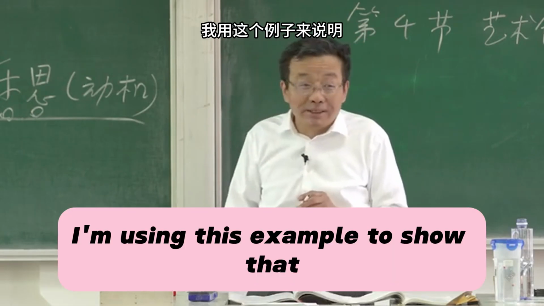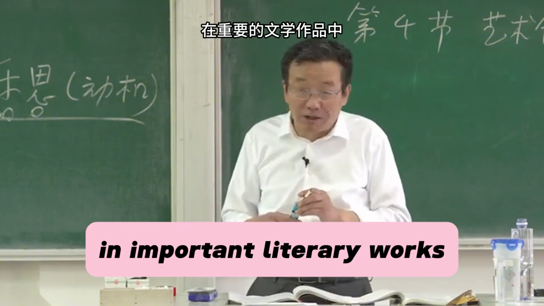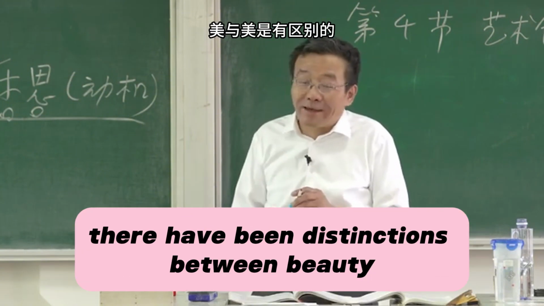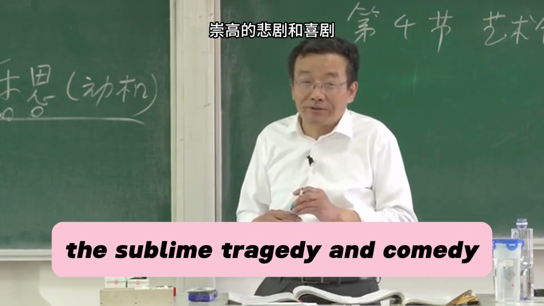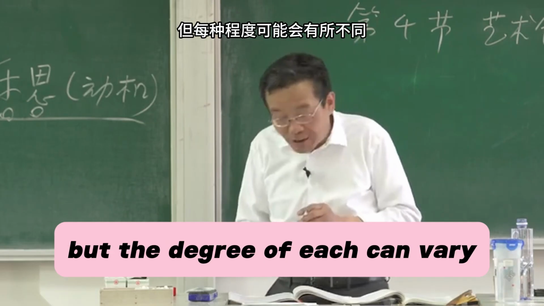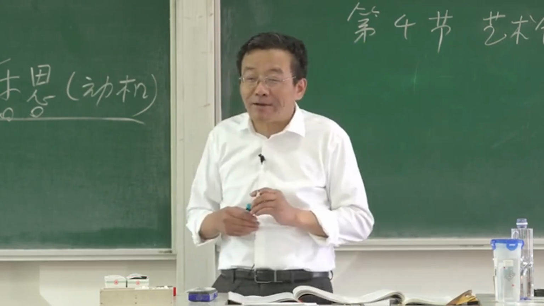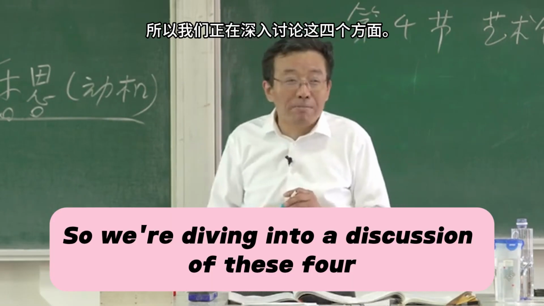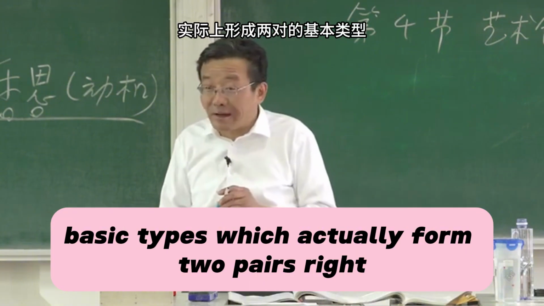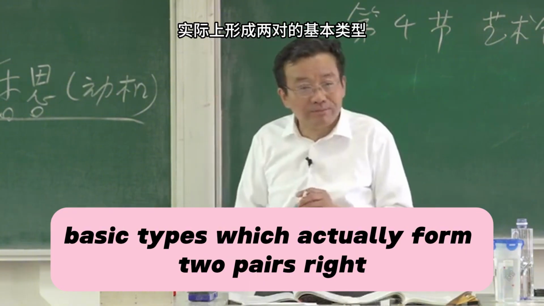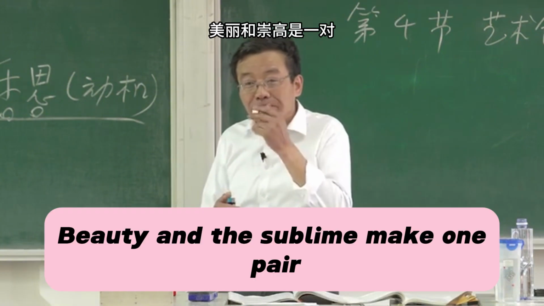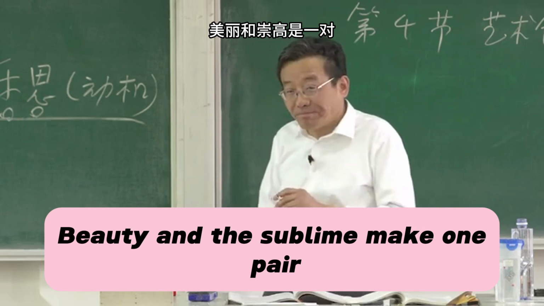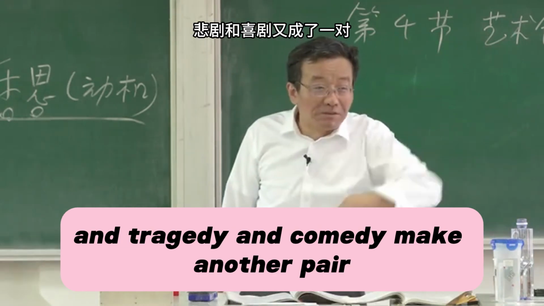I'm using this example to show that in important literary works, there have been distinctions between beauty, the sublime, tragedy, and comedy, but the degree of each can vary. So, we're diving into a discussion of these four basic types, which actually form two pairs, right? Beauty and the sublime make one pair, and tragedy and comedy make another pair.